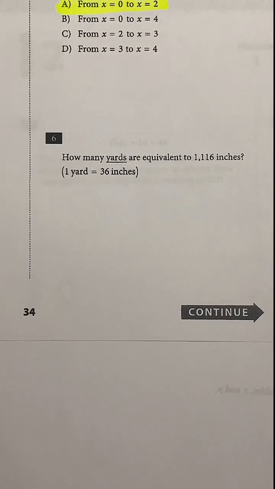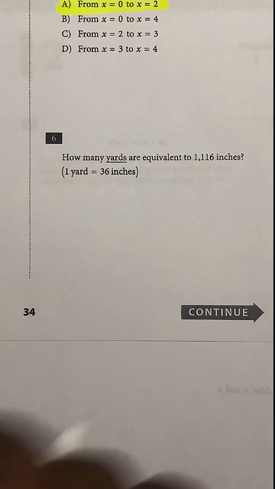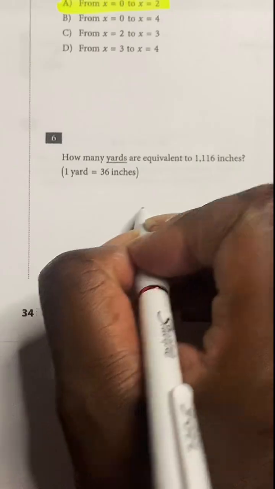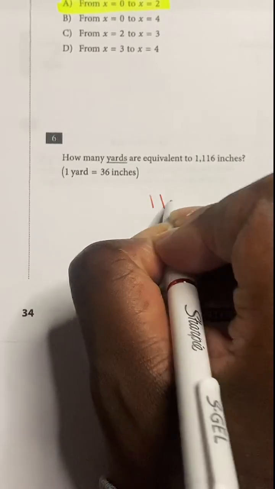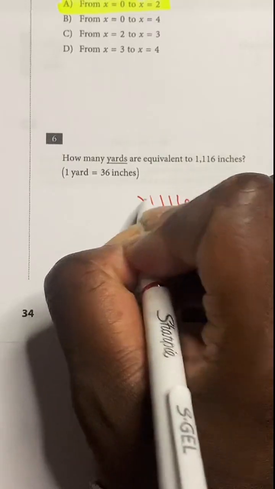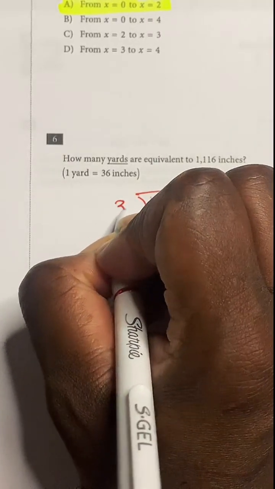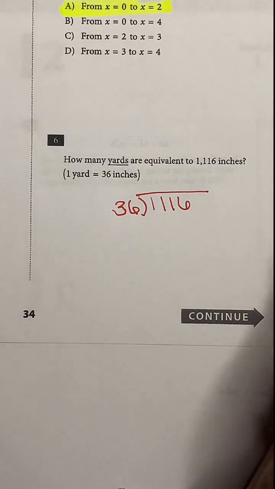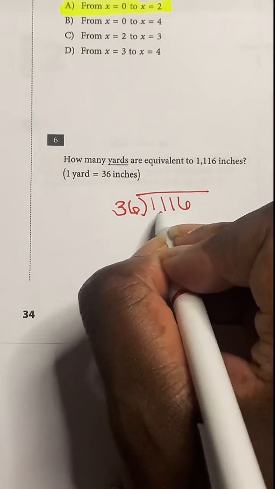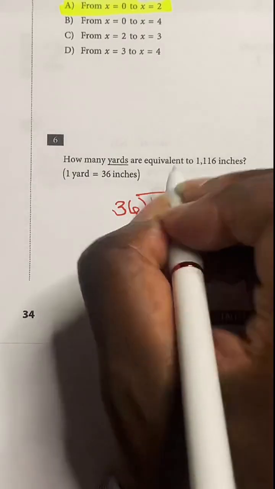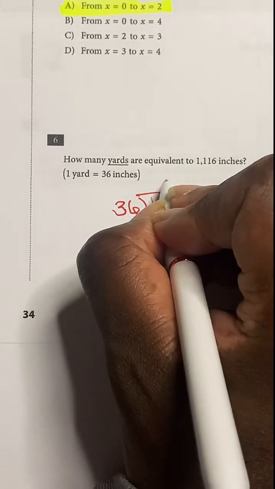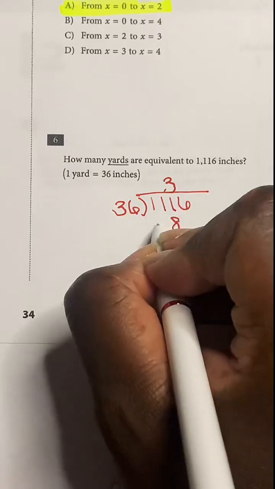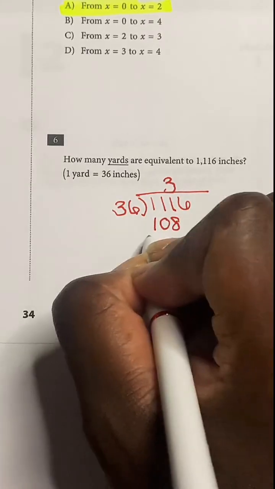What is there to break down? All we're doing is division. Okay, all you're doing is taking your 1,116 and dividing it by 36. So you're trying to say to yourself, how many 36s can go into 111? There's going to be 3 of them. So this is 8 carry the 1, so that makes it 108.